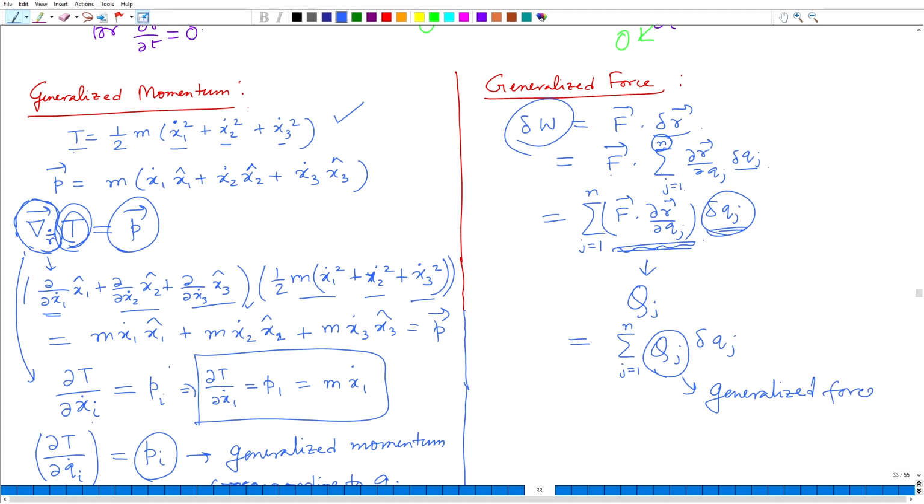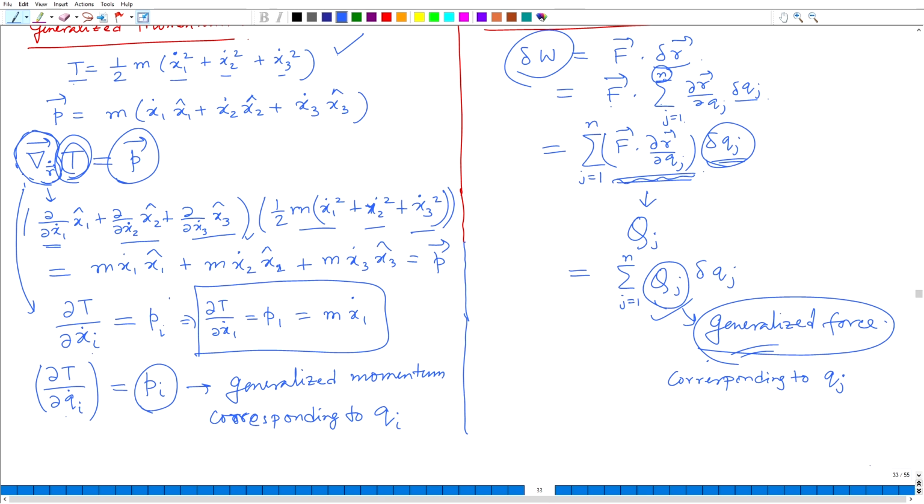Of course, when talking about generalized force, we define this generalized force corresponding to the generalized coordinate qj.